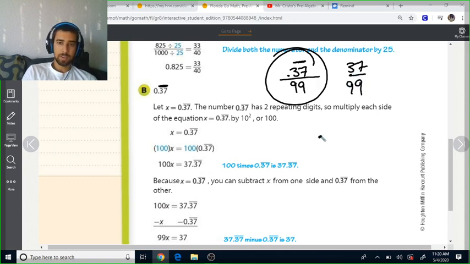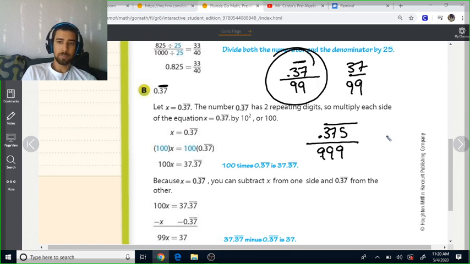If you had 0.375 repeating, and I asked you to turn it into a fraction, instead of putting it over 99, you're going to put it over 999. It's the same thing as the other one, except you're just going to put as many 9s as there are numbers.